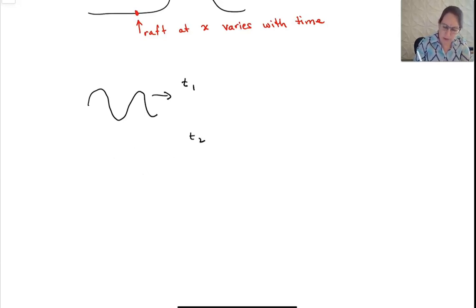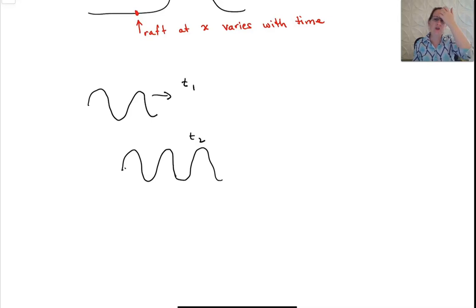And if it goes on and on, then we can describe it with a sine or a cosine. And so again, this is our snapshot view. And then our position versus time is also going to go up and down.